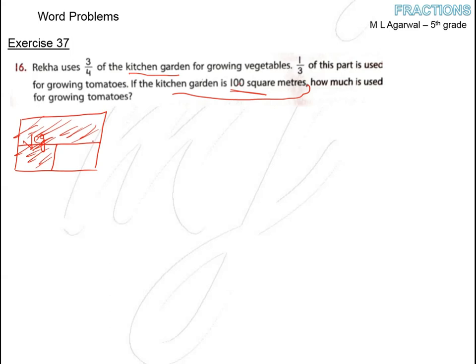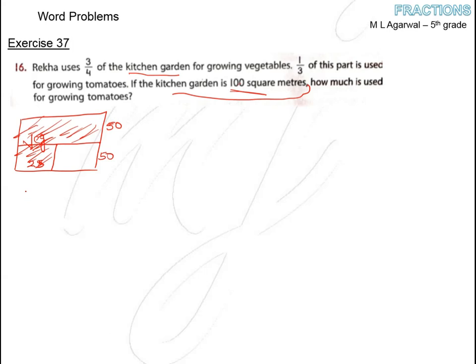So if I say that this is 100, what will be the half? The half will be 50. Clear? And what will be half of half? So this much is also 50 if you look at it that way. And half of this becomes 25. Correct? So 25 and 25 becomes 50, and this is 50. So 3/4 of 100 is 75.